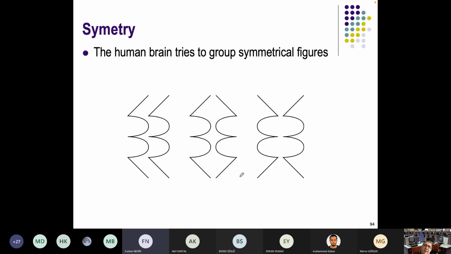Our brains like symmetrical things. Unsymmetrical things tend to get memorized with more difficulty. So the two figures on the right are easier to memorize, whereas this one is less easy to memorize. The human brain tries to group symmetrical figures and simplify them so that it can store them somewhere deep in our neurons.